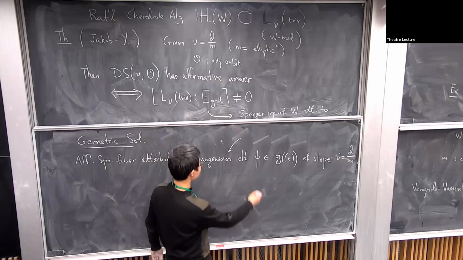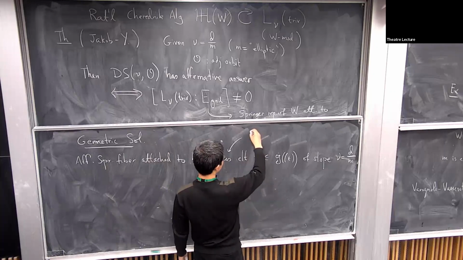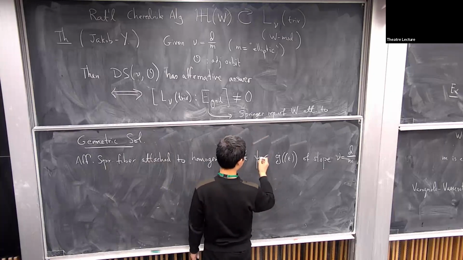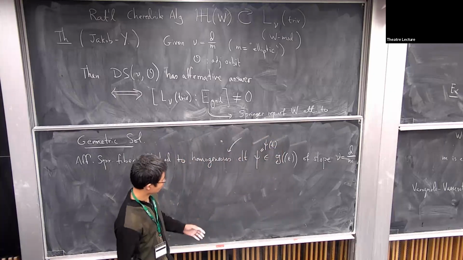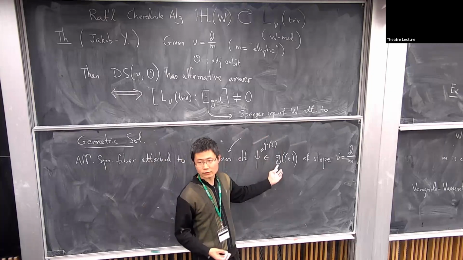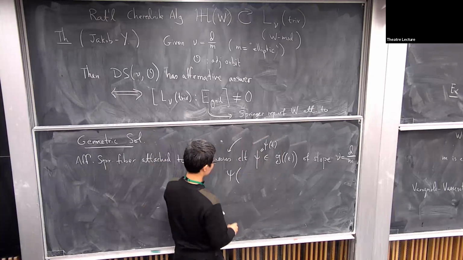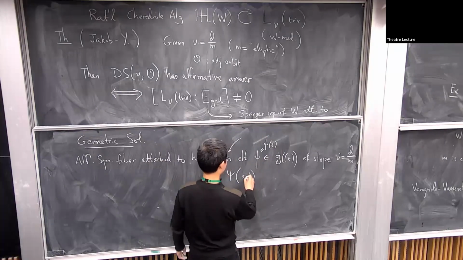So roughly speaking, homogeneous elements are those such that the loop rotation... So you can think of this as a Taylor-Laurent series with coefficients in the Lie algebra, and now you can do loop rotation to your parameter t.